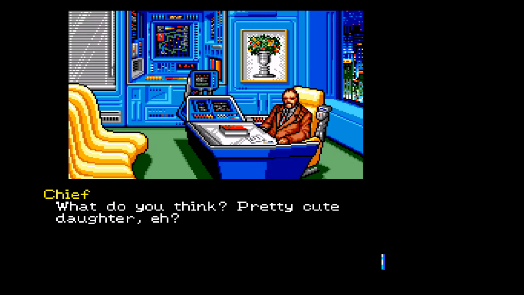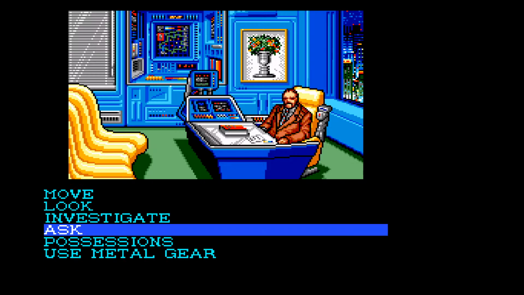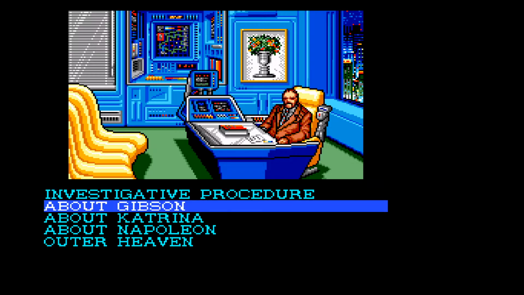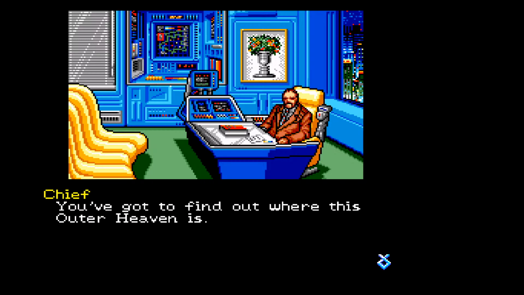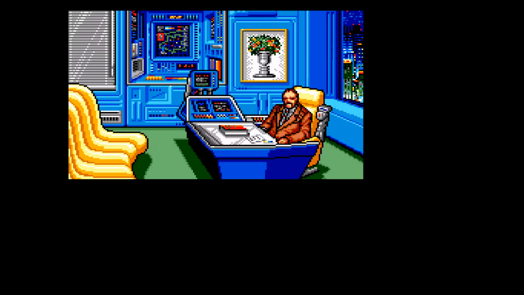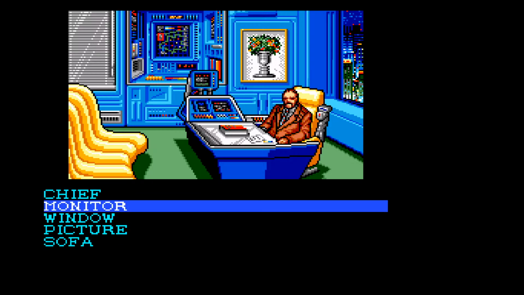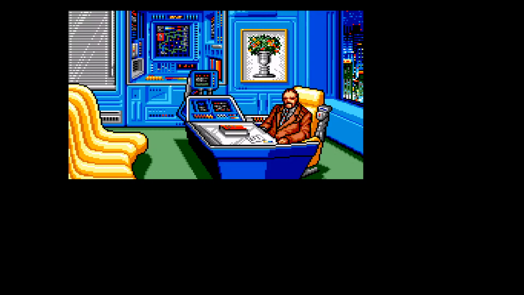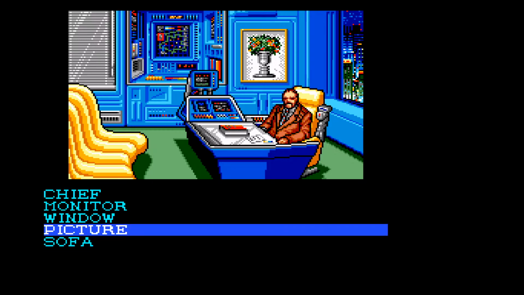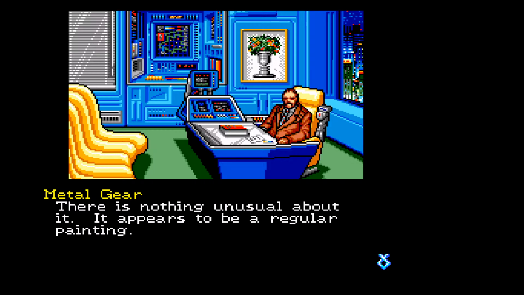What do you think? Pretty cute daughter, eh? Oh yeah, same thing that you said earlier. About this Outer Heaven. You've got to find out where this Outer Heaven is. I guess in the future, sofas have air cushions.